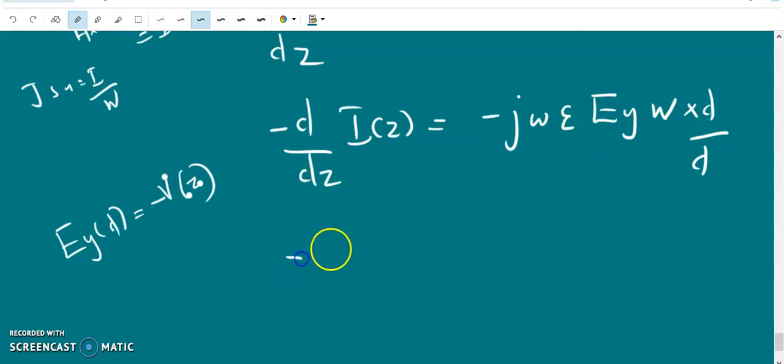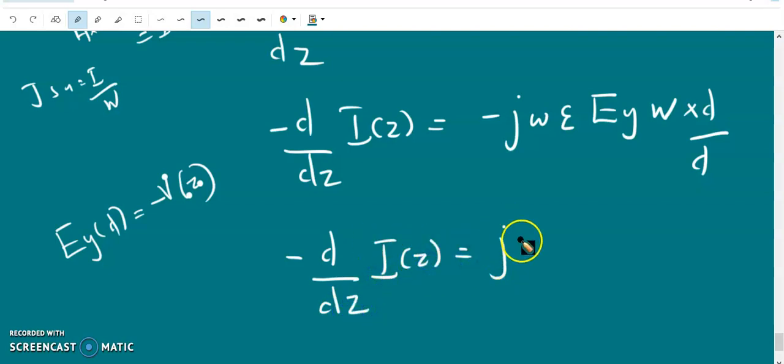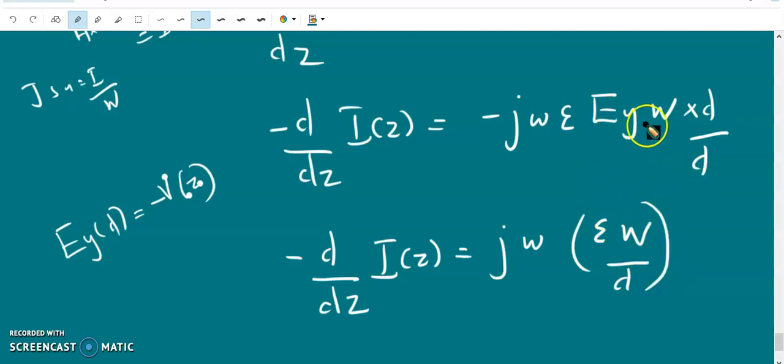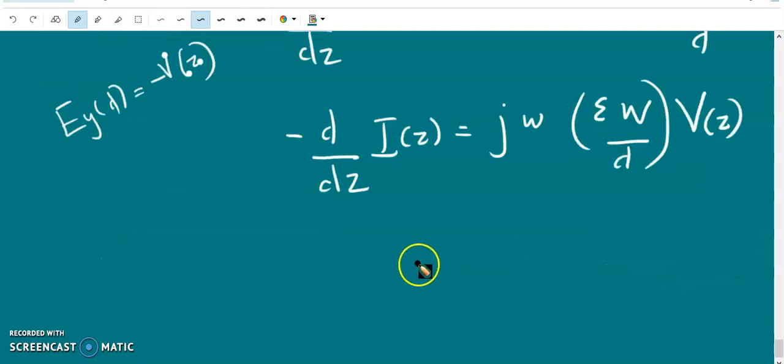Therefore we get d by dz of I of z is equal to j omega epsilon w by d into this Ey into d. This negative becomes positive, so this is minus dI by dz.